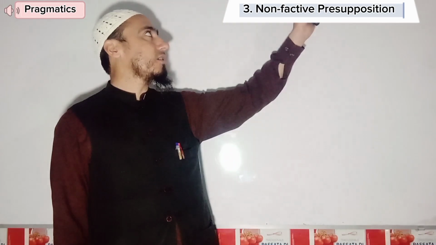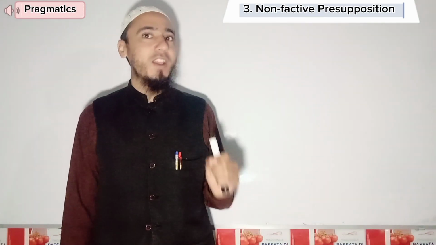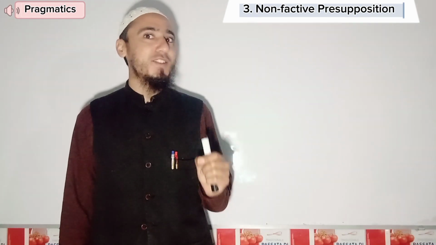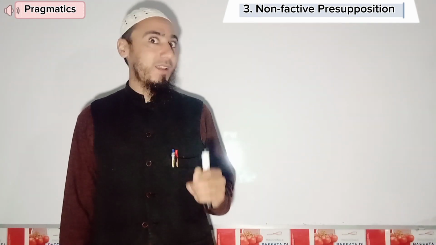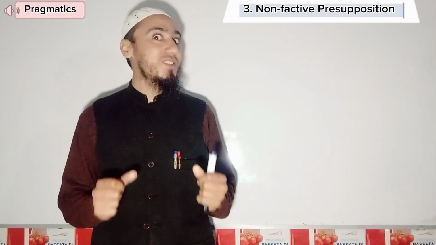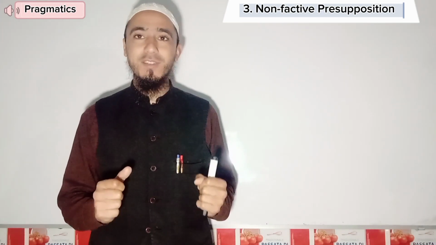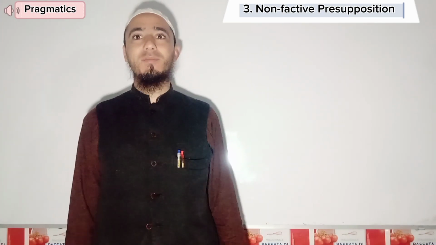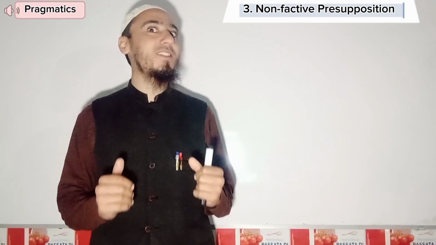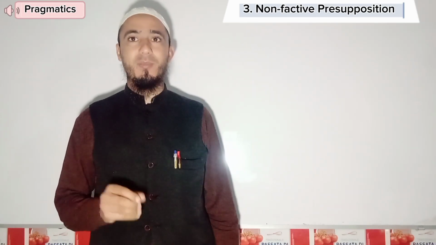Today, I'm going to talk about non-factive presupposition. Non-factive presupposition means an assumption that something is not true due to the presence of certain verbs. Certain verbs indicate that something is not true.